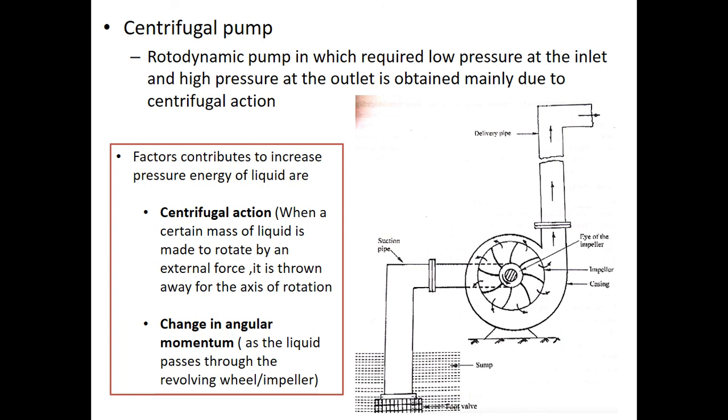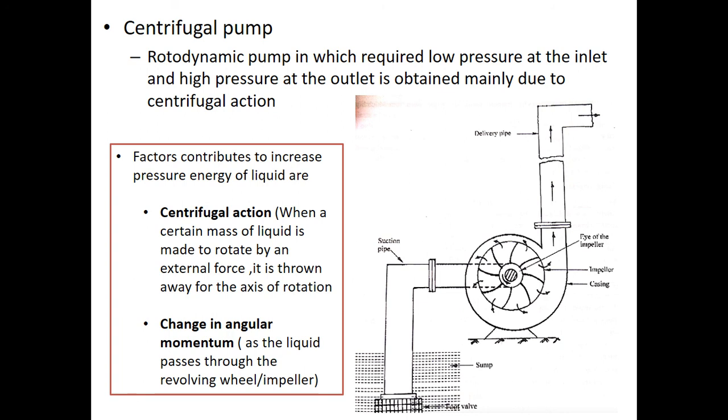Then another part is the casing. It's an airtight chamber which covers the impeller. If you look at the diagram, you can see that the shape of the casing is such that the cross-sectional area of flow around the periphery of the impeller gradually increases towards the delivery pipe, isn't it? You can clearly see it from the diagram.